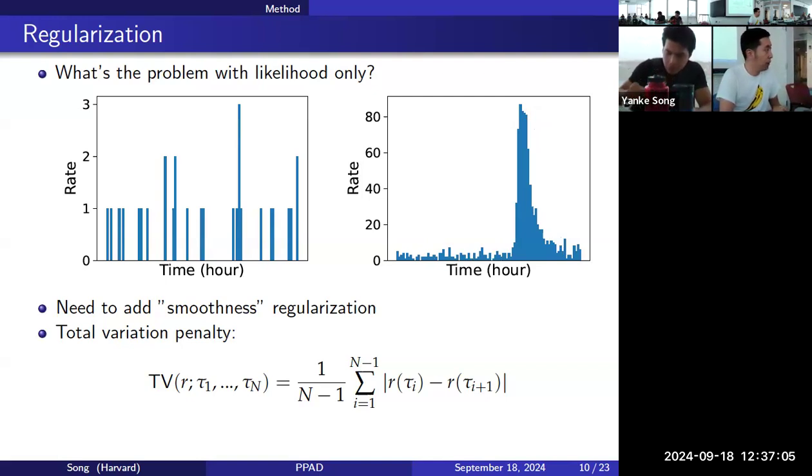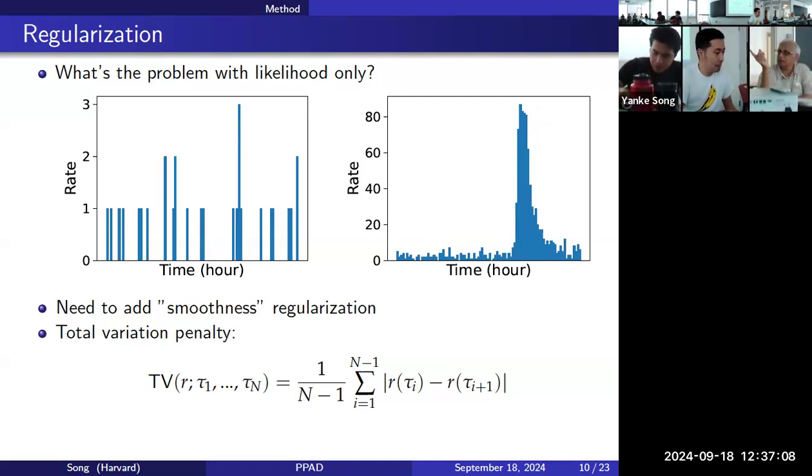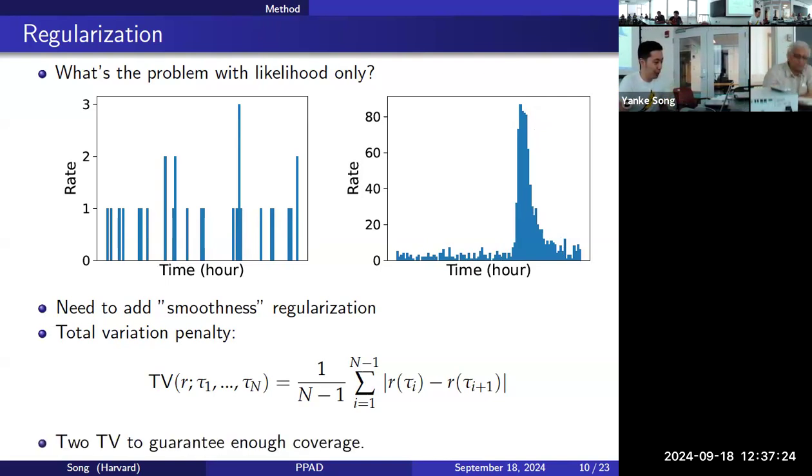Can I ask, so this total variation penalty that you have would not deal with that scenario that you described for the left-hand panel, where it's zero between the units. Yeah, exactly. So that is what I'm going to talk about. Okay. Also, sorry, I'm using two total variation penalties.